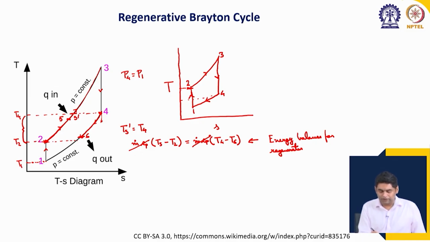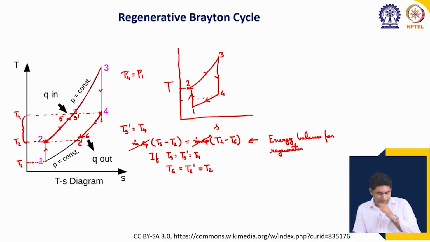Now, if we can reach the temperature T5 equal to T5 dash, that is it is equal to T4. In that case, from the energy balance we see that T6 will be equal to T6 dash, which is equal to T2.